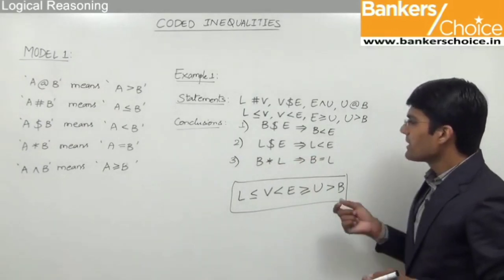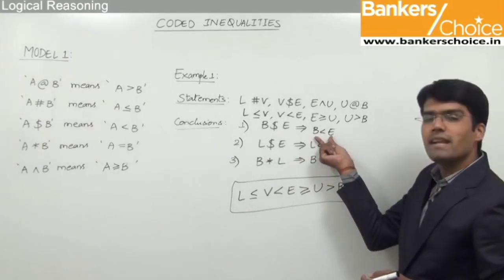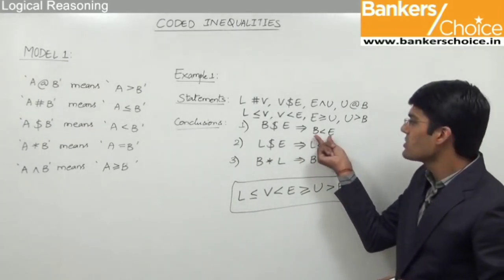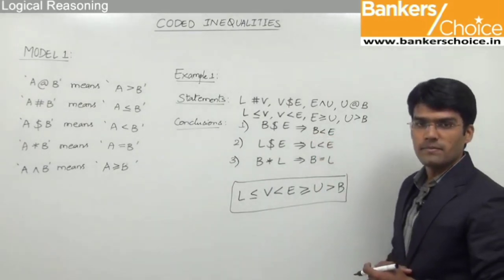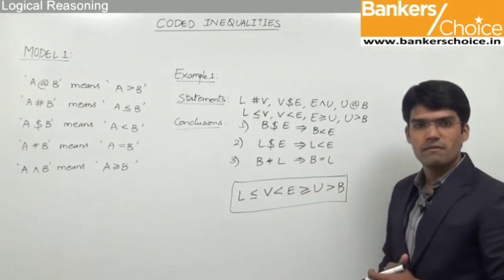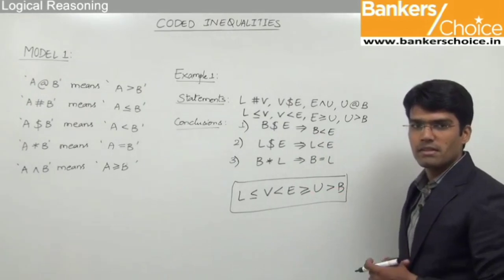Now if you observe the first conclusion, here B and E have been compared. And the conclusion here is B less than E. So let us try to find out the relationship between B and E from the statement given in the question.